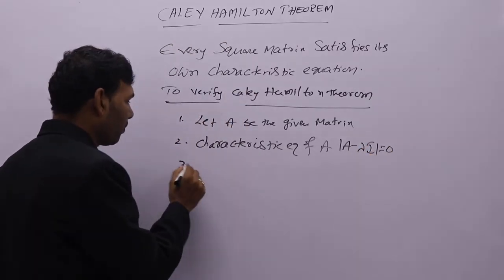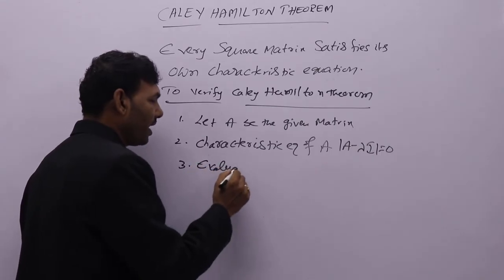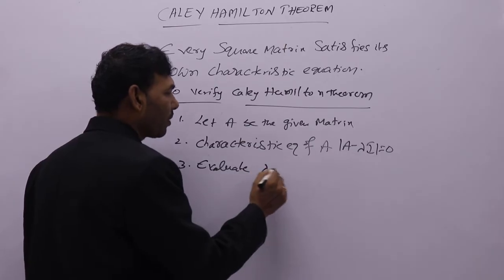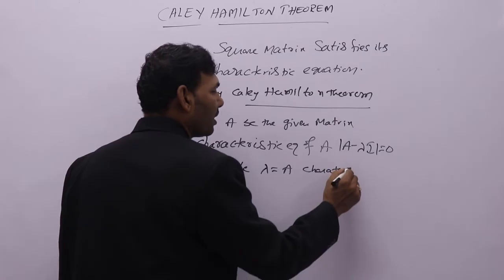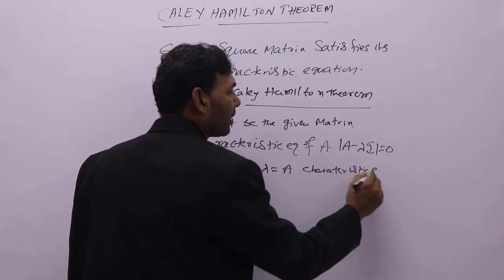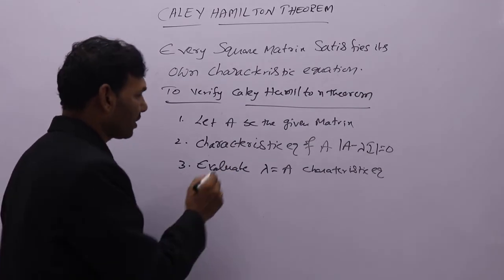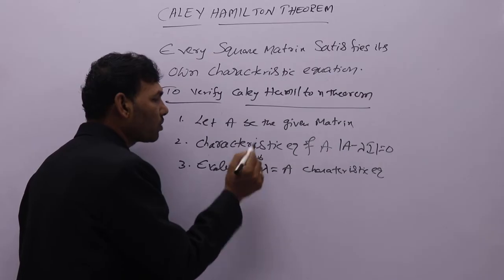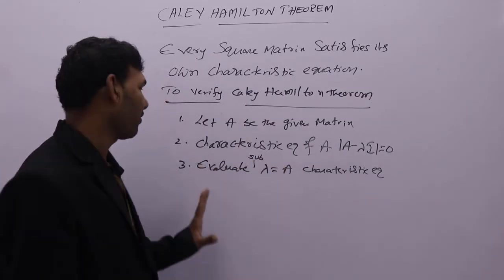Next, third one, now evaluate: lambda equal to A in the characteristic equation. That means simply substitute A in the place of lambda in the characteristic equation. You are going to substitute lambda equal to A in the characteristic equation.